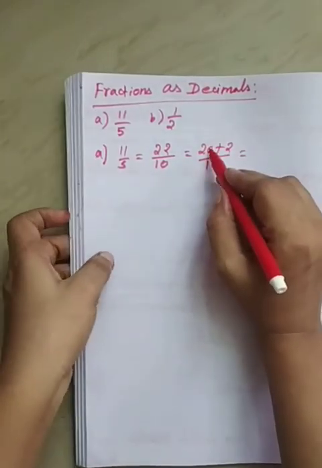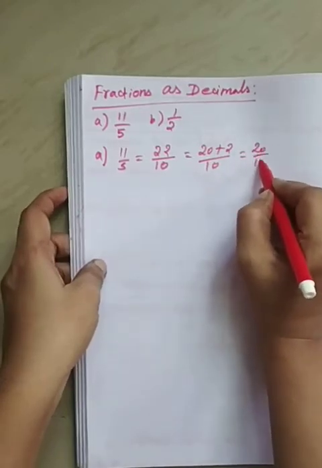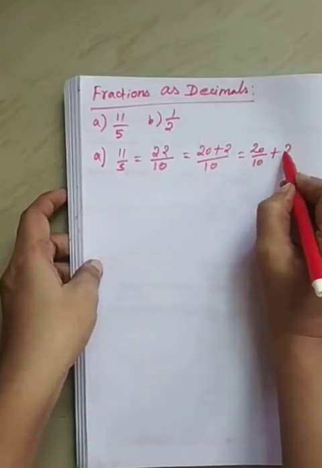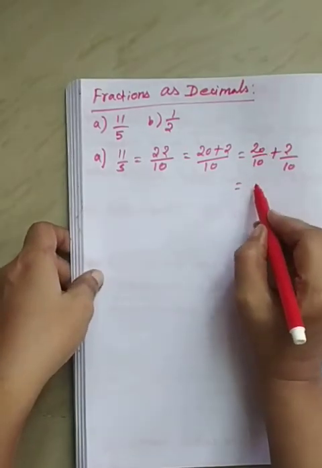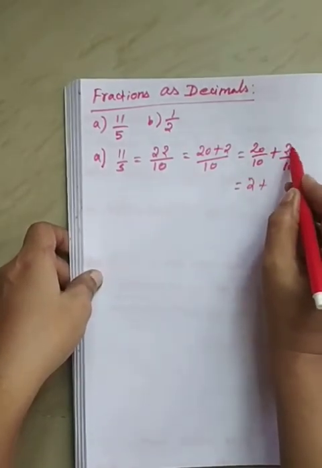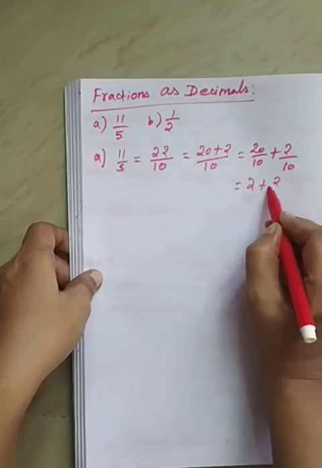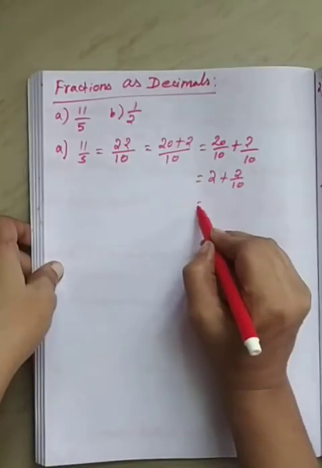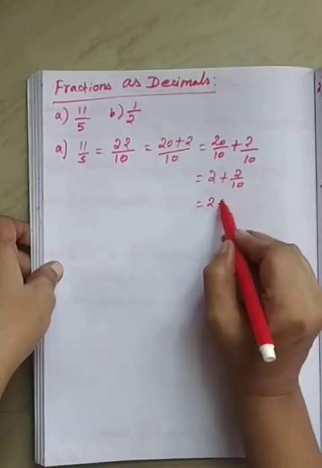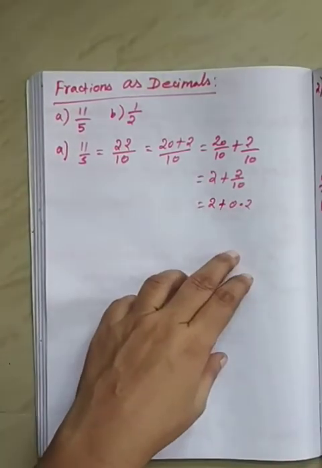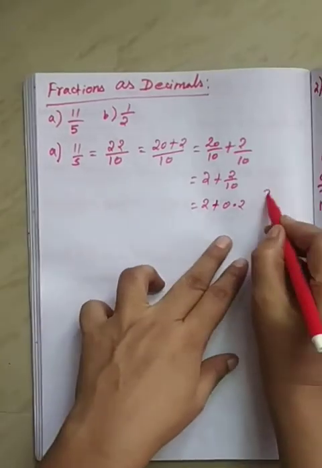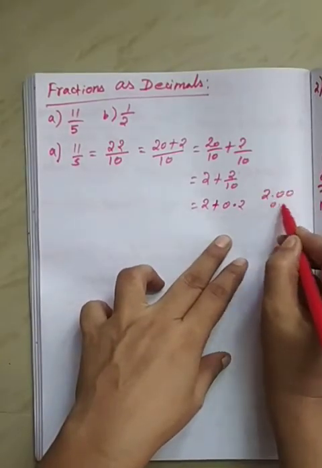After that, see, 20 by 10 plus 2 by 10. Now what is 20 by 10? 2 plus 2 by 10. See, you know that 2 by 10 means 0.2. Now you can add them.